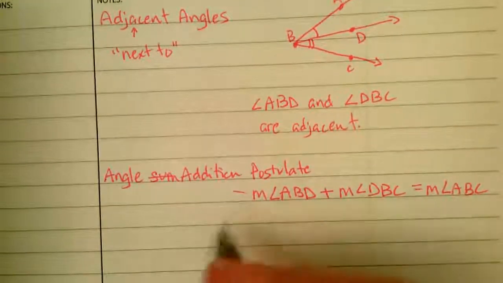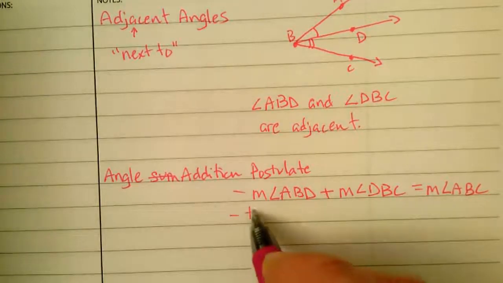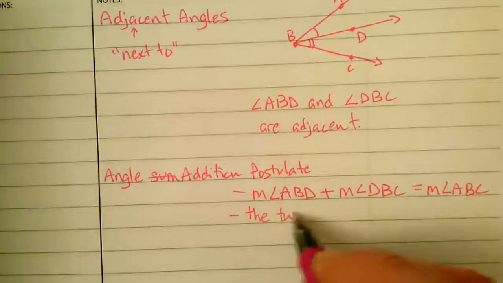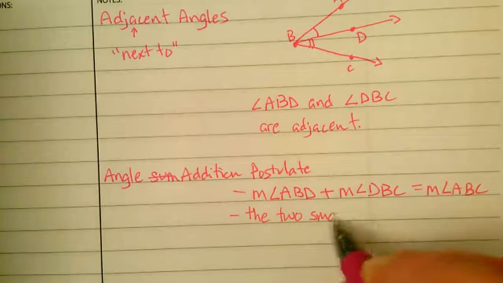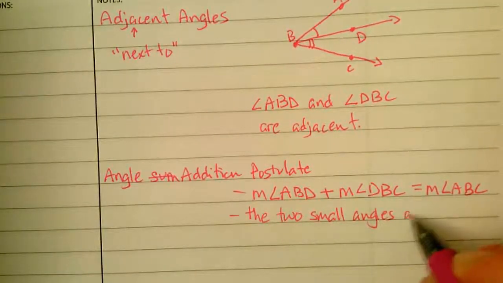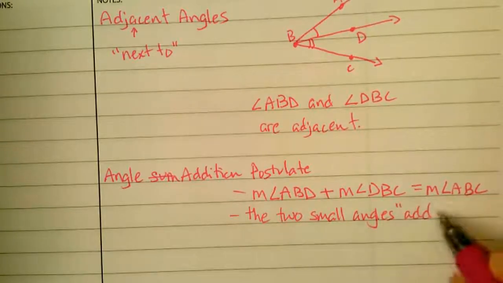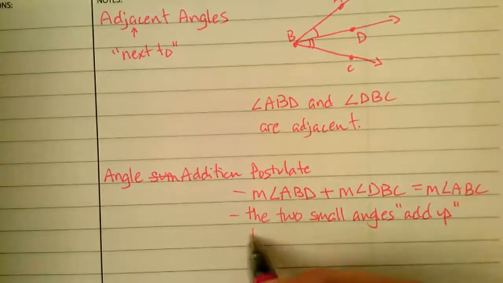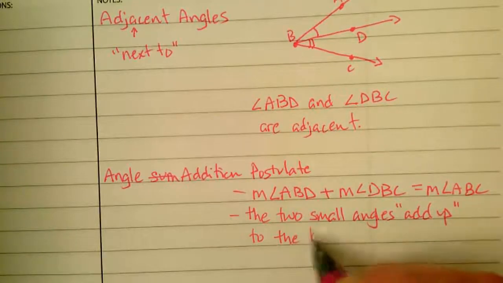Or basically, the two small angles add up to the big angle.